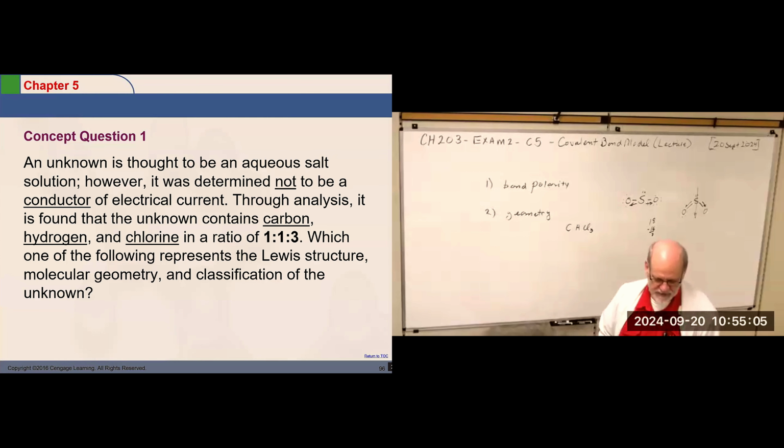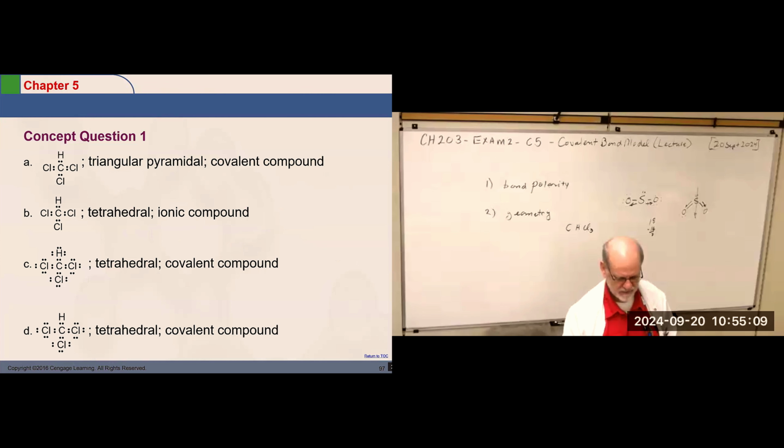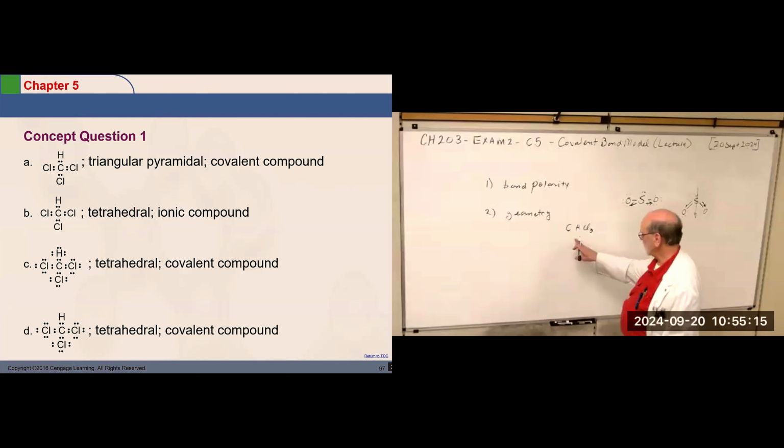Which one of the following represents the Lewis structure, molecular geometry, and classification of the unknown? Okay. Well, if we look at the ratio, we need 1 carbon, 1 hydrogen, 3 chlorines. They're all the same as far as the atoms go.